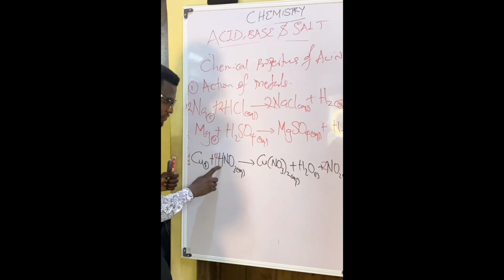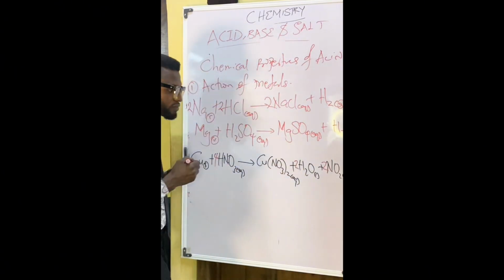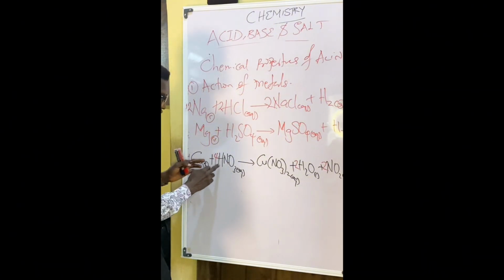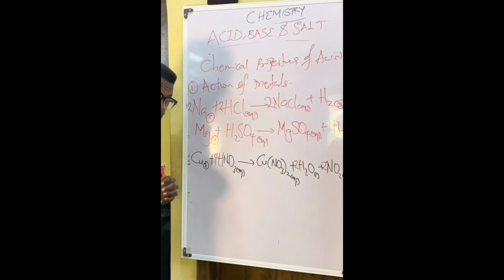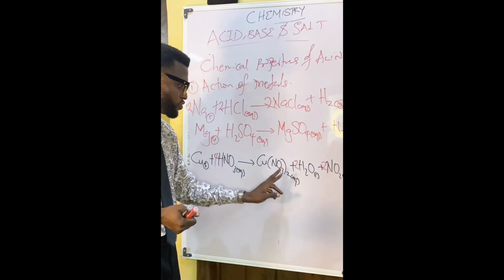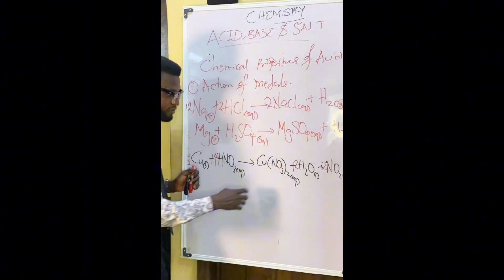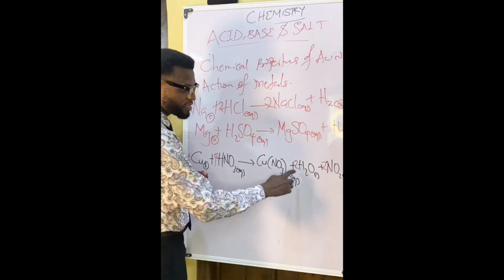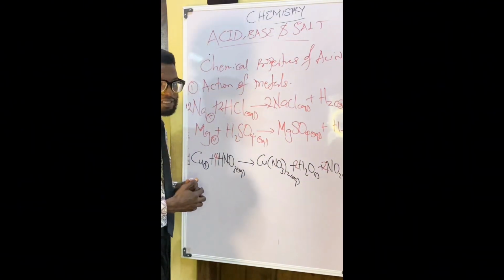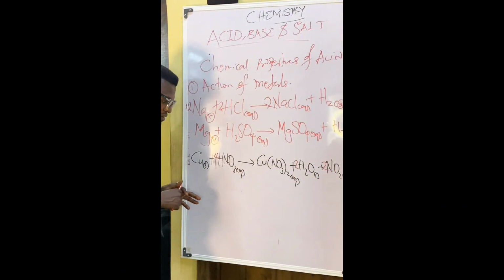Then hydrogen here is 4, hydrogen here is 2. I'll place a 2 here. So that balances hydrogen. So hydrogen here is 4, hydrogen here is 4, that is balanced. Nitrogen here is 4, nitrogen here is 2, plus the 2 here. This is 2 times the 1 here, that makes it 4. Oxygen here is 12, 2 times 3 is 6, 6 plus 2, that is 8, plus 2 times 2, 4, 8 plus 4, that gives it 12.